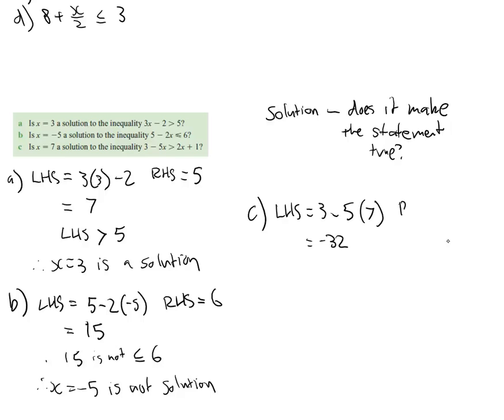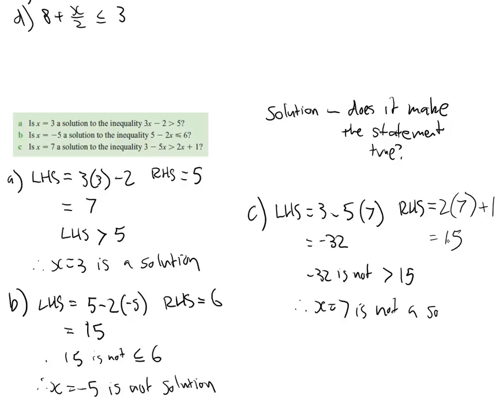For the right-hand side, it's going to be 2 times 7 plus 1, which is equal to 15. And we can say that, well, minus 32 is not greater than 15. So therefore, x equals 7 is not a solution.